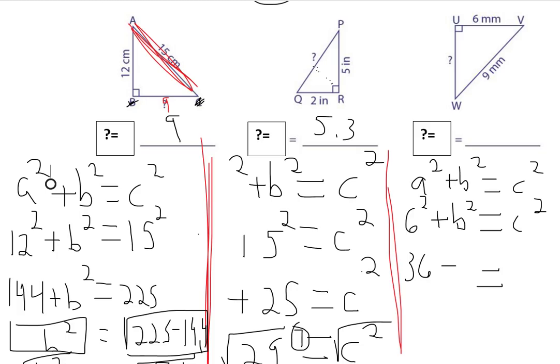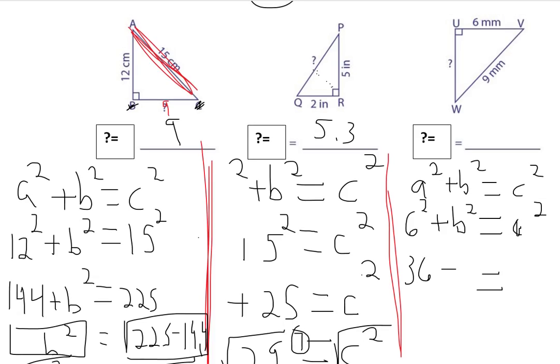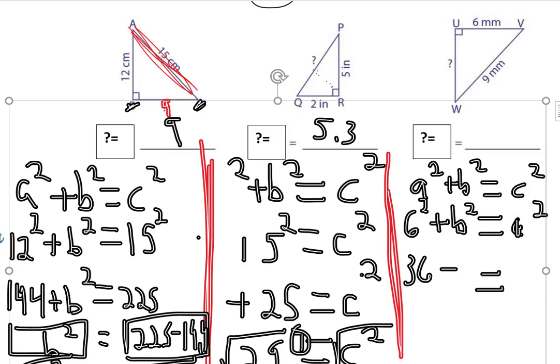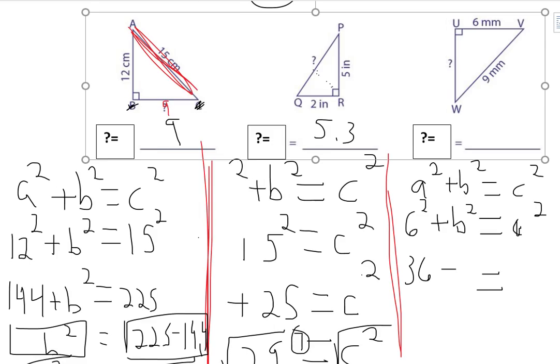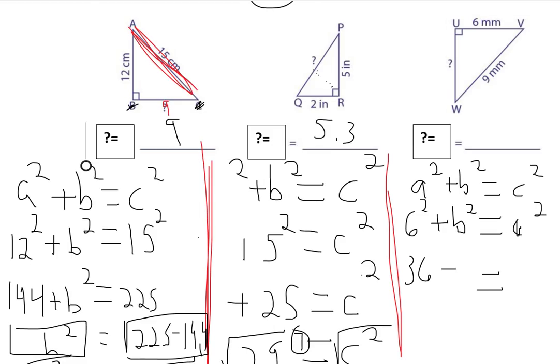And then our C value in this case was and is 9. This would give me 81.